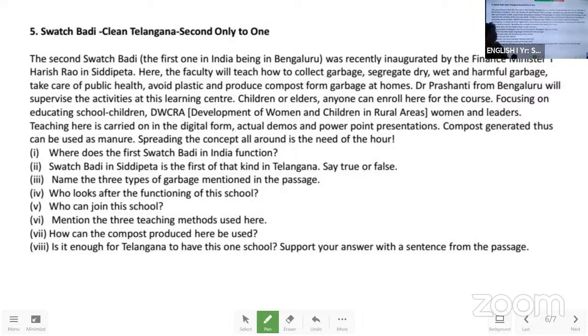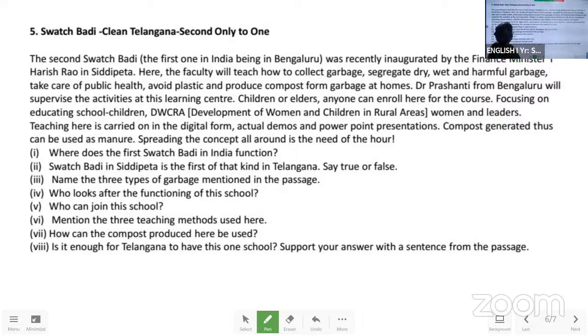So now coming back to the comprehension, this is the 5th one that we are going to do. Swachh Buddy, Clean Telangana, second only to 1. The second Swachh Buddy, the first one in India being in Bangalore, was recently inaugurated by the Finance Minister T. Harish Rao in Siddipet.